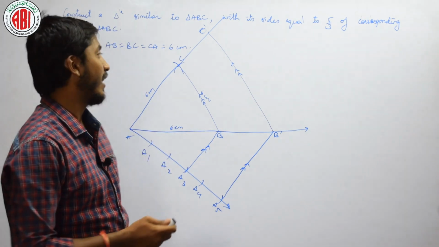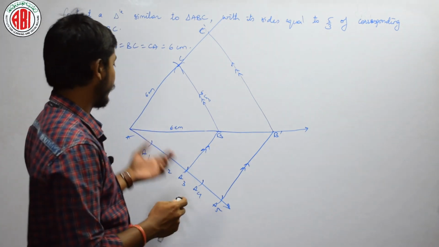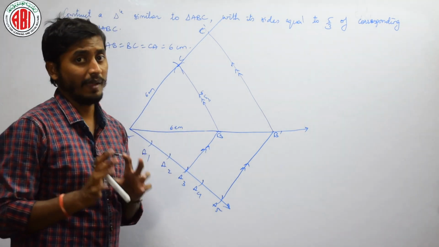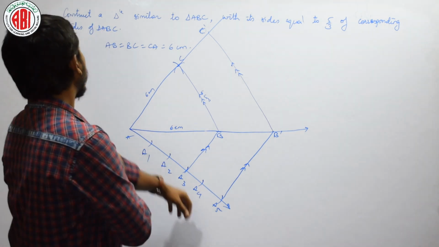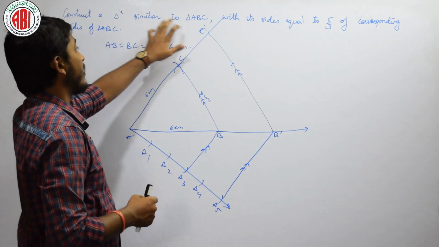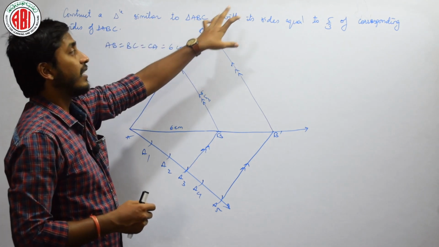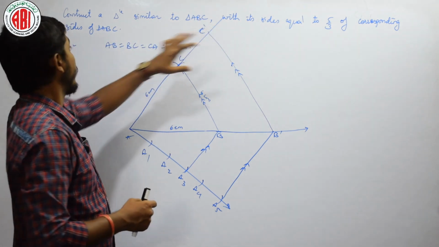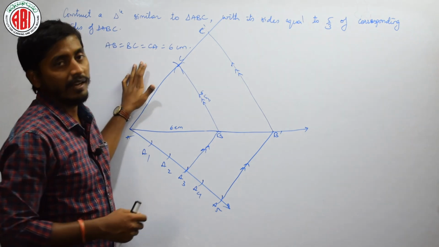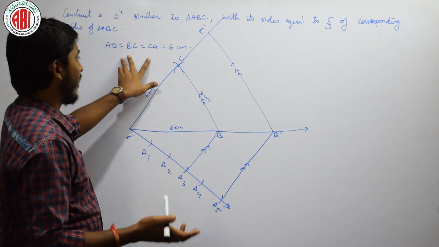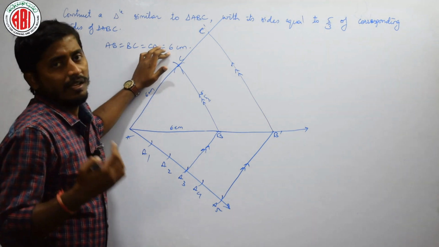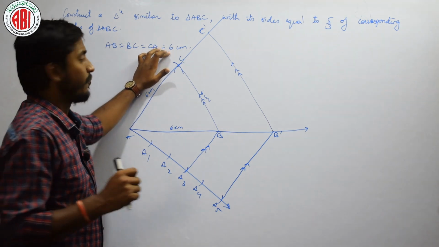Okay. Once again, let us do what is here. Hope you know how to draw parallel lines, right, which we have learned in previous classes, right. See here, let us construct a triangle similar to the triangle ABC with its sides equal to 5 by 3 of the corresponding sides, right. He did not give any triangle. Let us assume the triangle of equilateral triangle which have same side 6 centimeter.